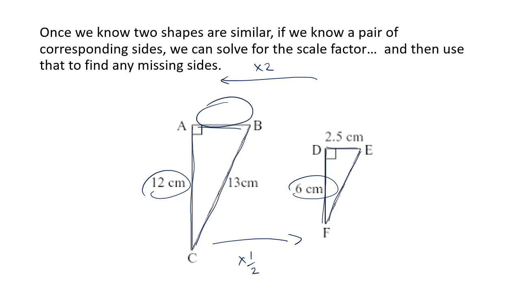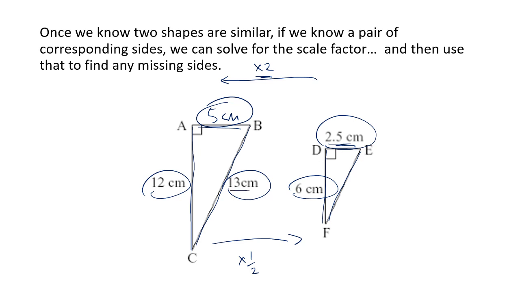I would like to know how long this side is in the large triangle. Well, I don't know how long it is, but I know how long the corresponding side is, and I know what the scale factor is moving in that direction. So I know that this side is going to be 2.5 times 2, and that gives me 5 centimeters. The same thing is going to be true over here.